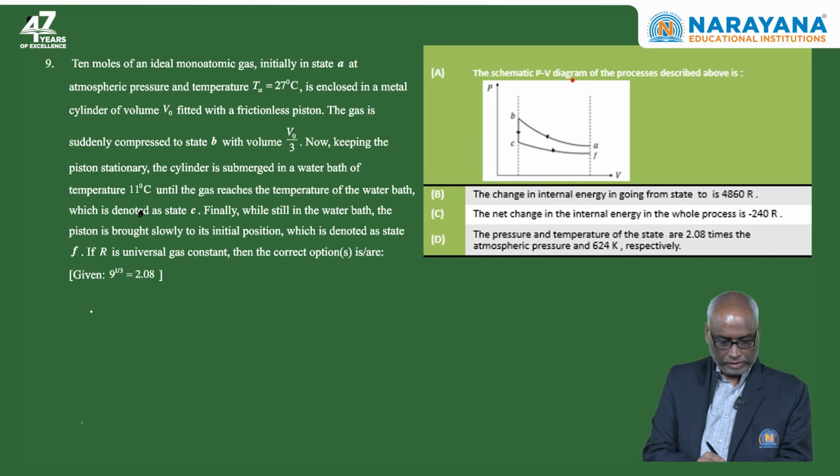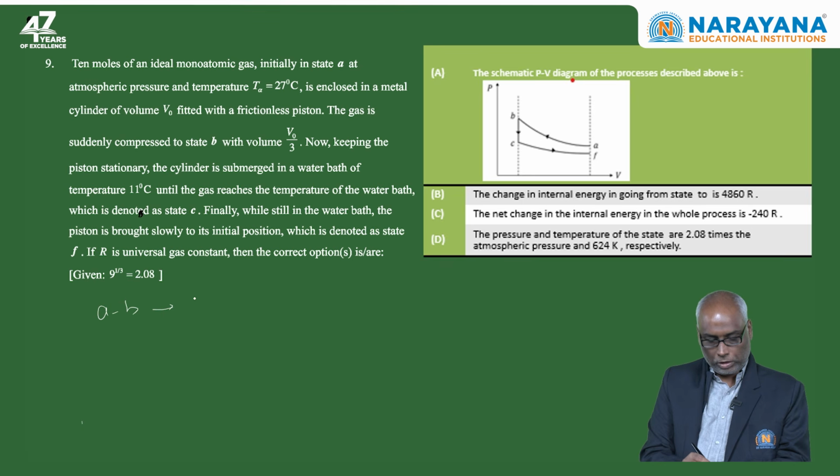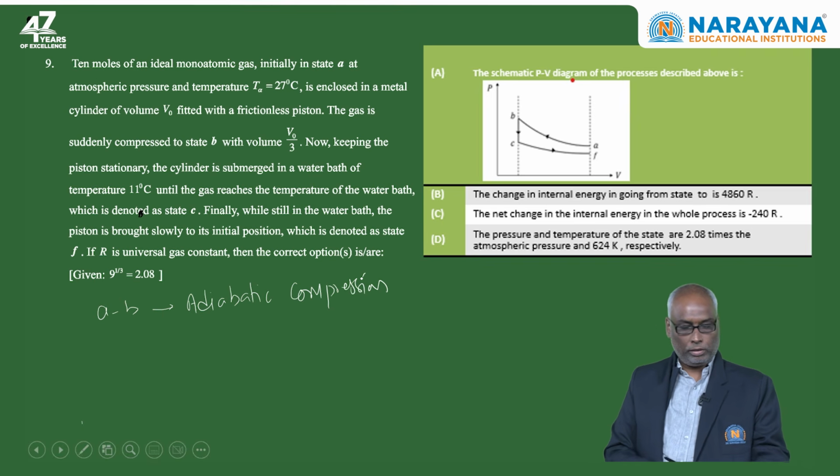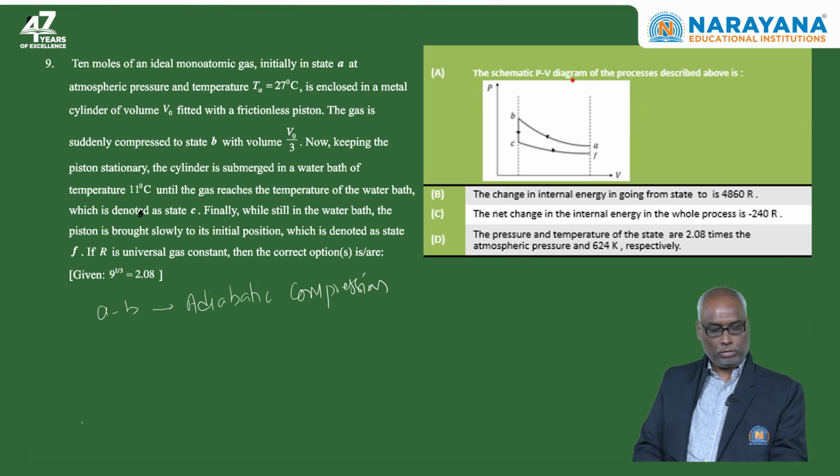When it is suddenly compressed, we can say from A to B it is a sudden process. Because volume is decreased, it should be an adiabatic compression, till the volume becomes V naught divided by 3.